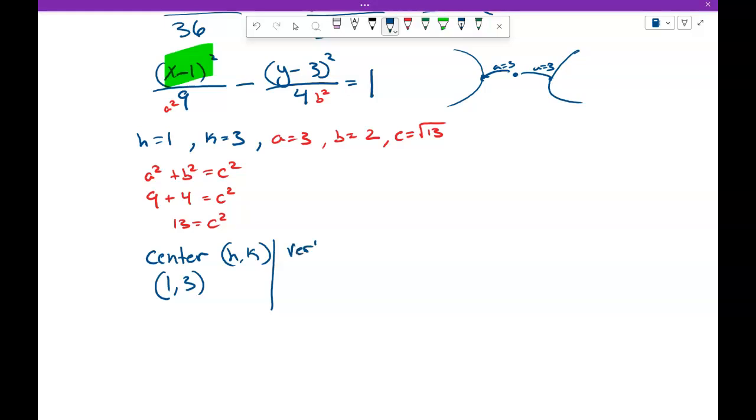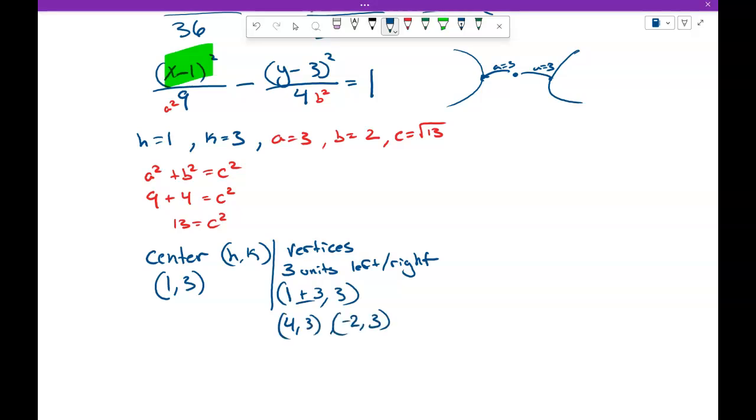To get our vertices, we want to go 3 units left and right. That's going to change the x values. So we're going to be adding and subtracting 3 from the x value and leave the y value alone. So we'll have the points (4, 3) and (negative 2, 3) for our vertices. So we use a to get the vertices.